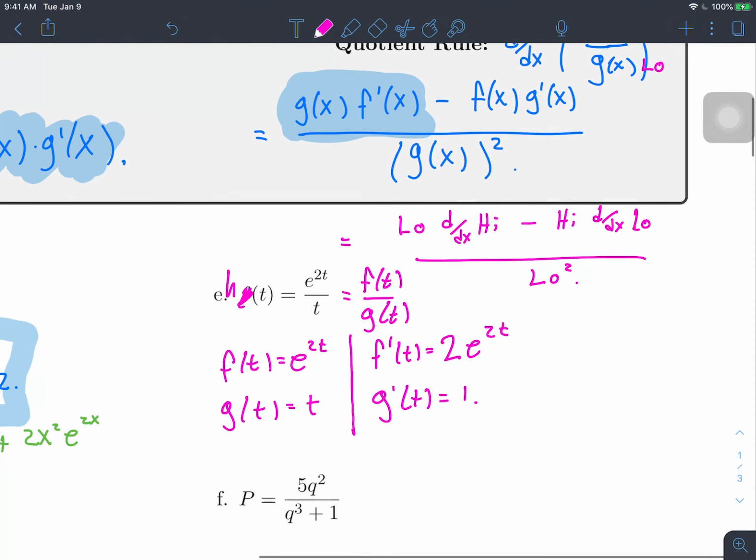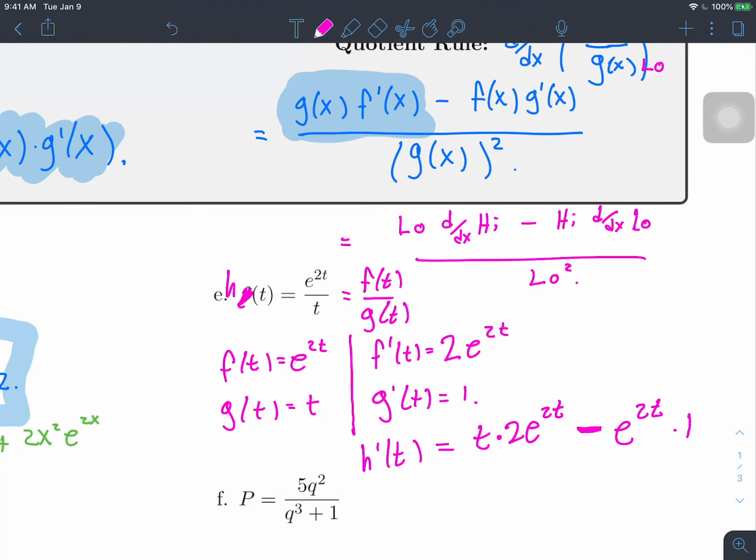Okay, now we plug into the formula. We get h prime of t. Remember, we should do g times f prime first. So, t times 2e to the 2t. That's what comes first, then a minus sign. What comes second should be f, regular f, times derivative of g. That should be e to the 2t times 1.